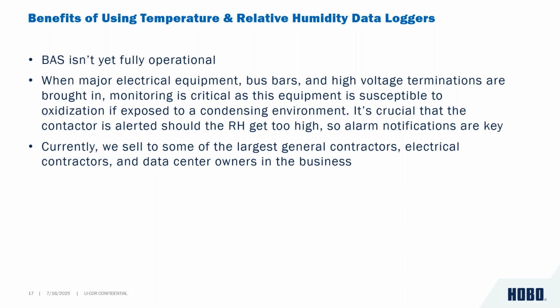So it is crucial that the contractor is alerted should the RH get too high. And again, that's where the alarm notifications are key. And with our product line, I can't name names, but we are currently working with and selling to some of the largest general contractors, electrical contractors, and data center owners that are out there right now.